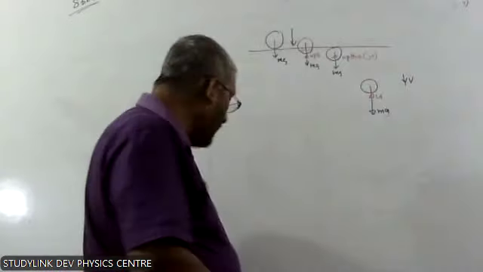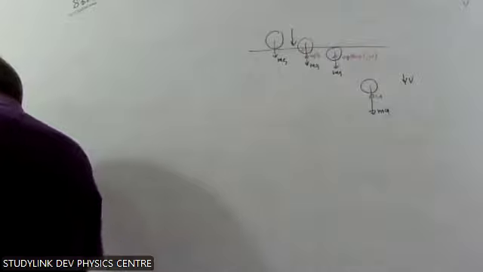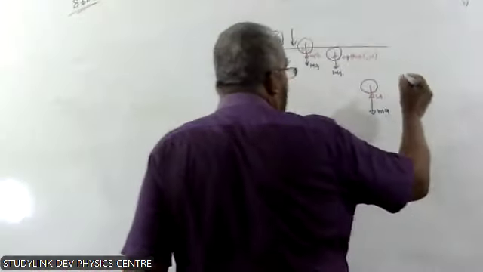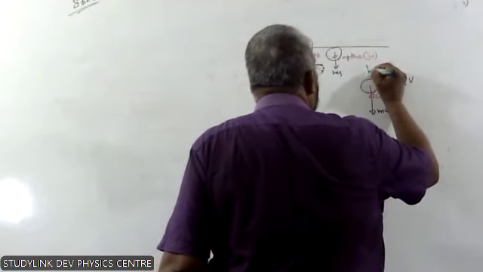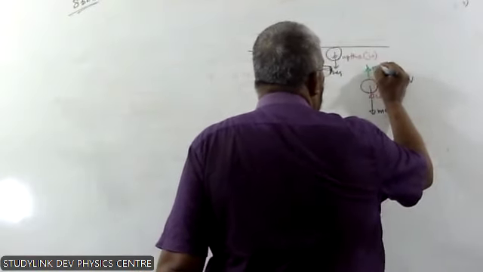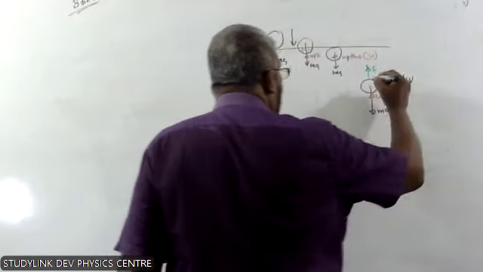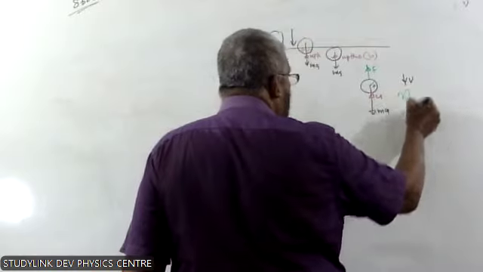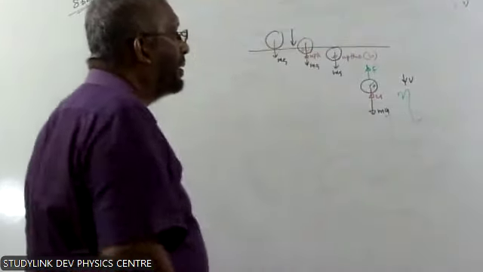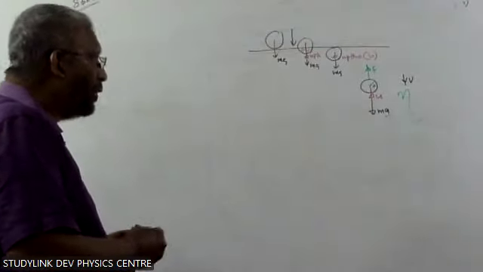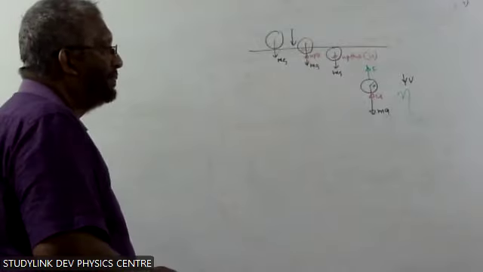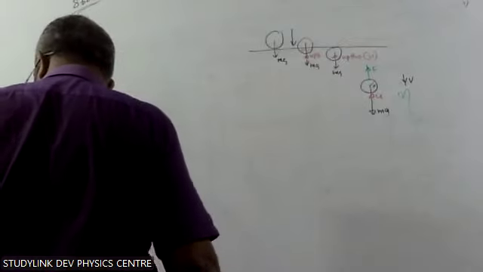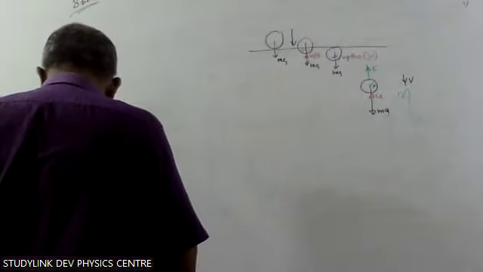Then the other one is the viscous force. Since it is moving down, it acts against the motion. Now we'll consider the radius is a, and eta is the coefficient of viscosity.